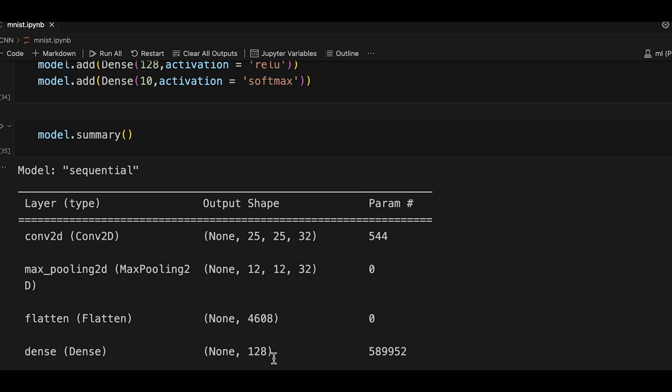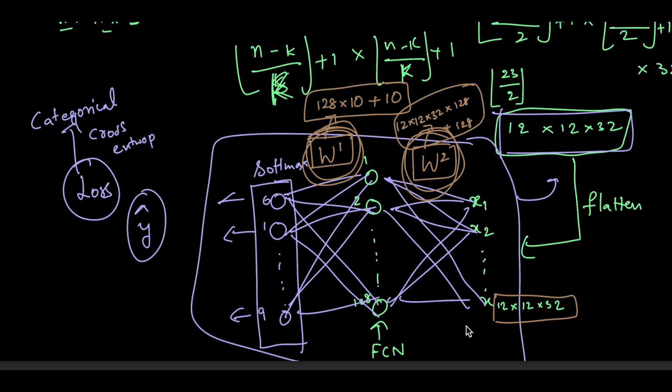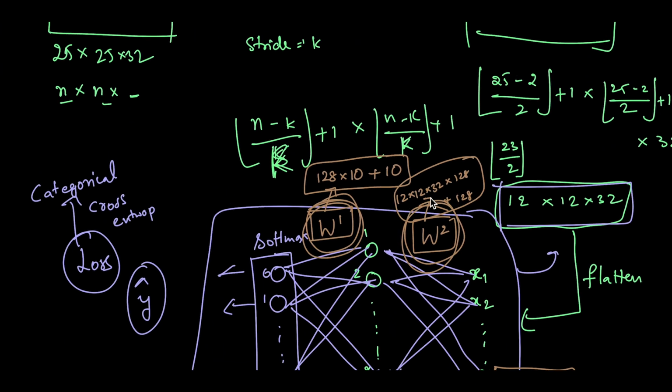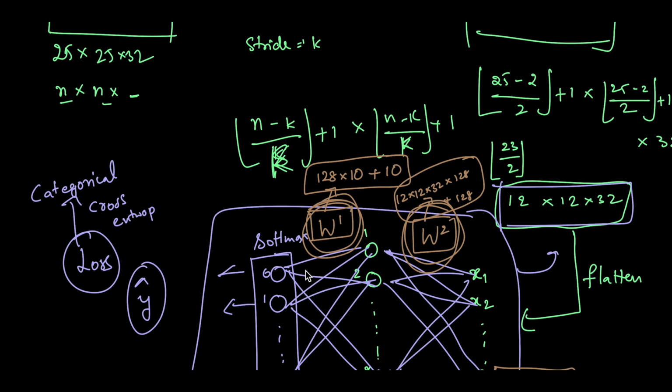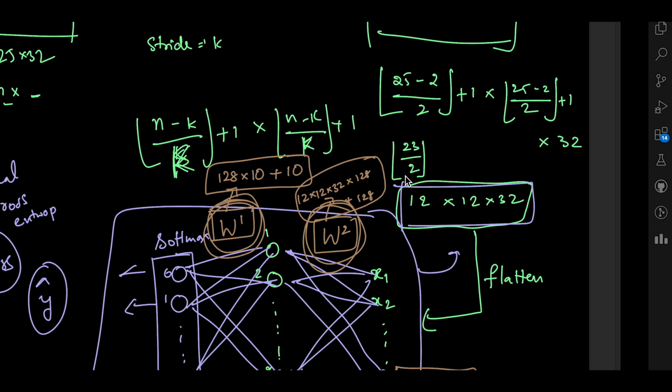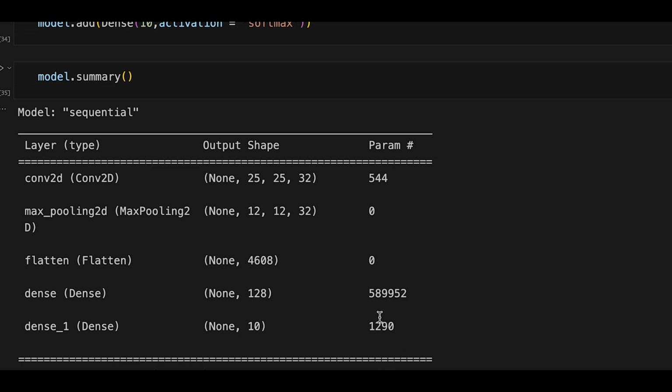Similarly, for W2, 12 cross 32 cross 128 plus 128 sums up to this much. And if you calculate the total weights in W1, that is 128 into 10, it is 1280 plus 10, which is 1290. That is the exact number present over here. Like that, you calculate the number of parameters, and you can check whether you calculated correctly using model summary.